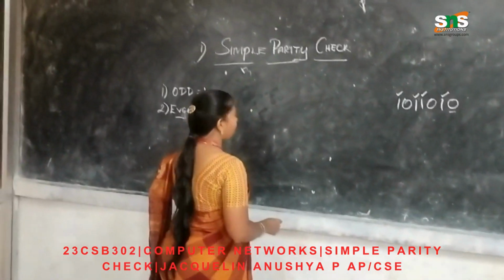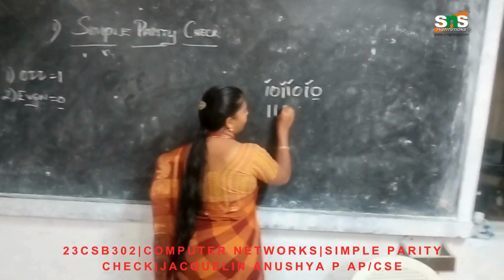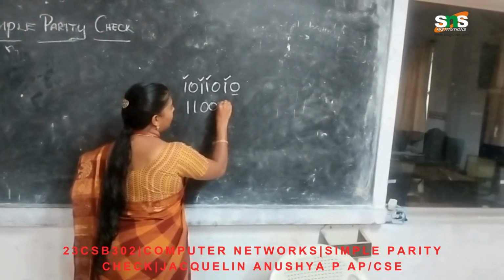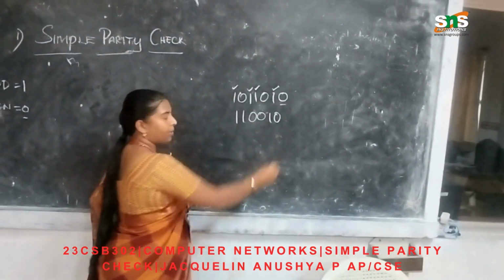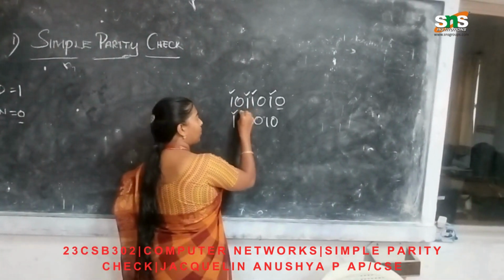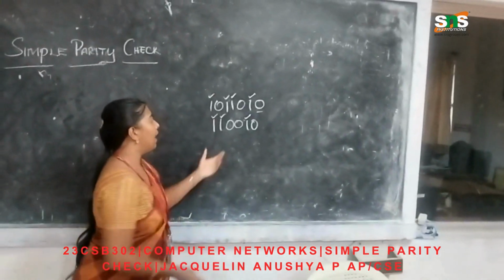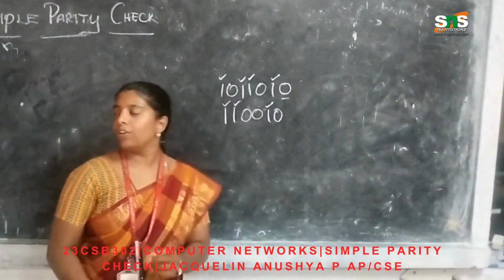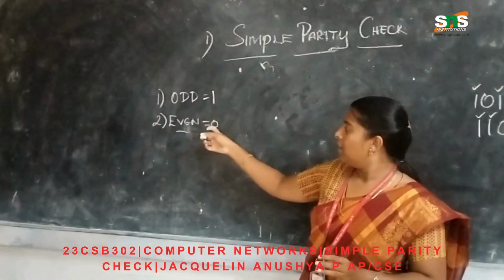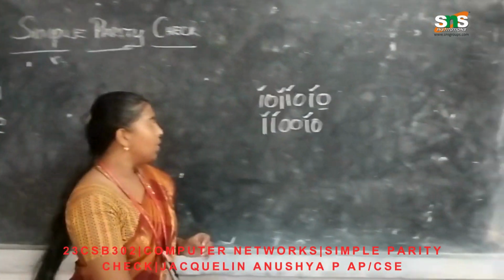For the second one, for example, I will give an odd case with this binary number. What happens over here? We have only 1, 2 and 3 ones. When there are 3, your condition is odd, so automatically it becomes 1.